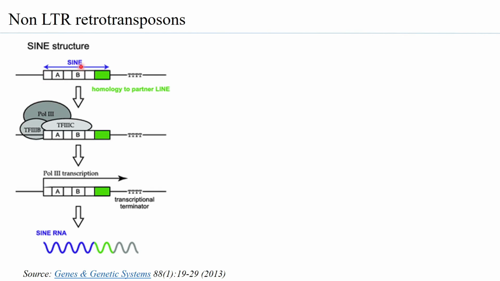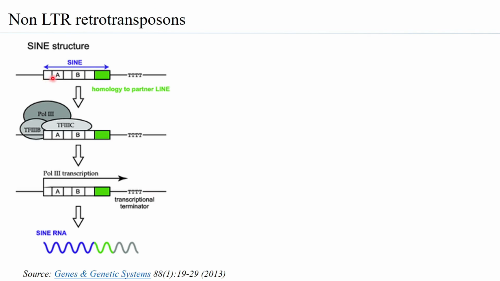So let us look at the structure of SINE, and you must take note of the fact that in humans, ALU sequence is one of the SINE transposons present, and several copies of the ALU sequences have been found in the human genome.